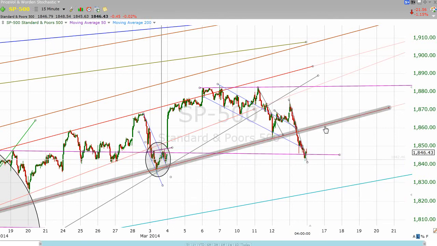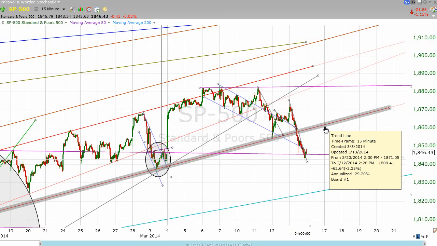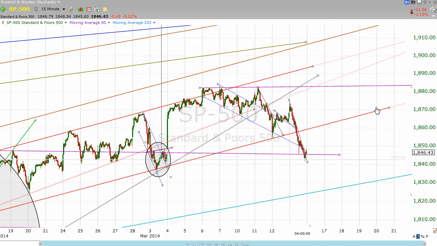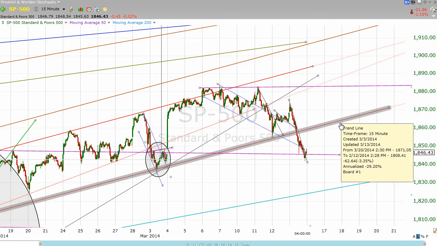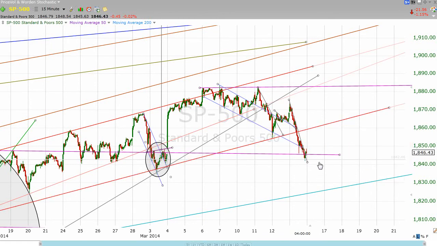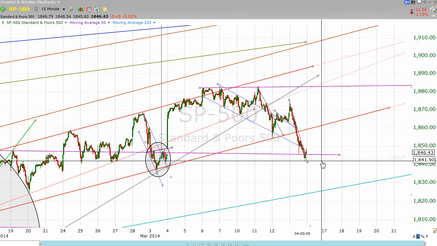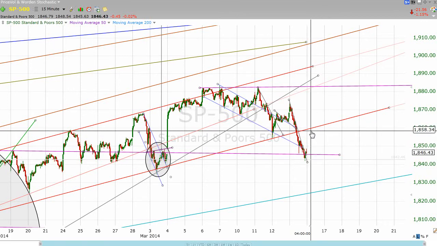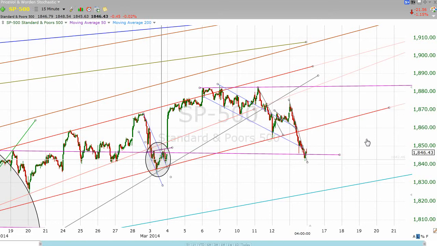Now, we clearly broke underneath this rising support line. At the low of the day, we were at 1841, and at that point, that line was at about 1850. So that's almost 1%.